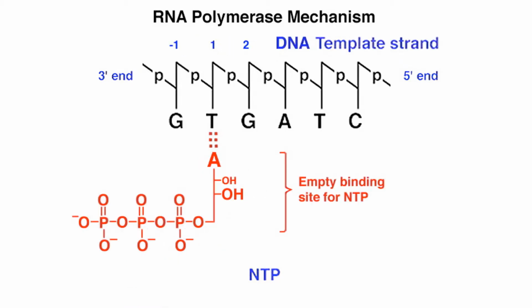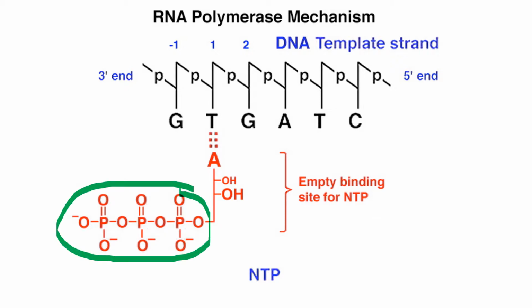So the consequence of the initiation of transcription without the use of a primer is that the first nucleotide that is inserted retains its 5' triphosphate component.